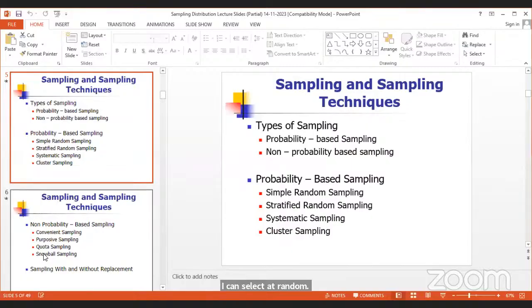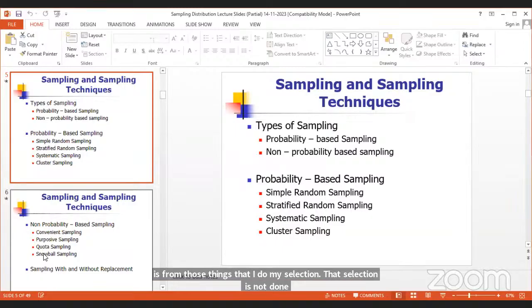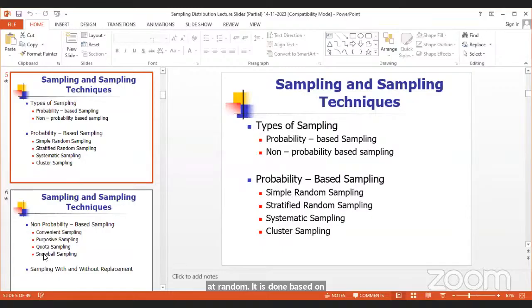How many students are into sporting activity? Who are they? It is from those lists that I do my selection. That selection is not done at random. It is done based on some subjective criteria. That is non-probability sampling.